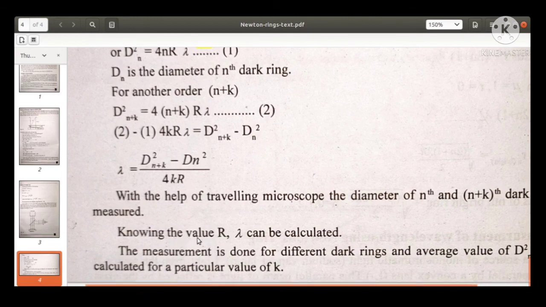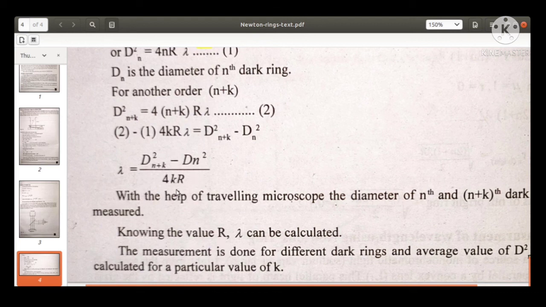From knowing the value of R, the radius of curvature of the plano-convex lens, which we can measure separately, λ can be calculated, because k is a number, R is the radius of curvature, and we can measure the diameters using the microscope.